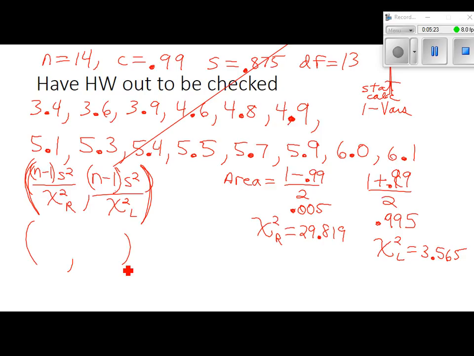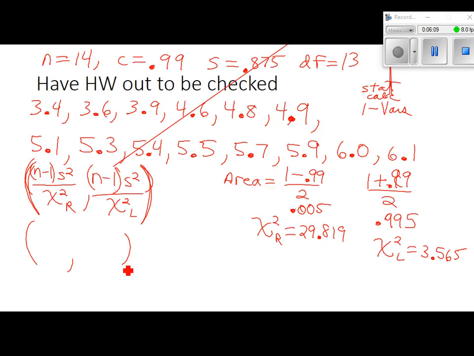What I would plug in is 13 times, what was our S this time? 0.875, squared, hit enter, and I get about 9.953. Then I divide that by the chi squared right, 29.819.